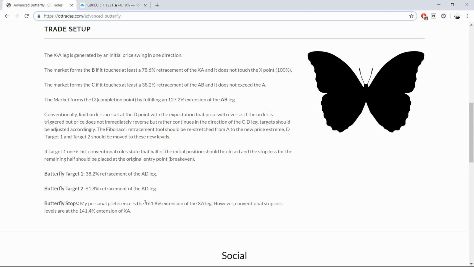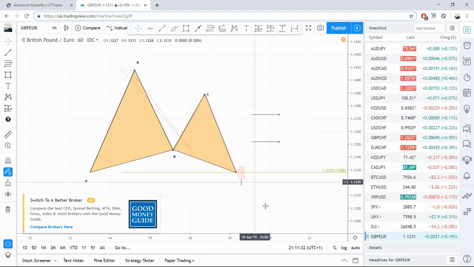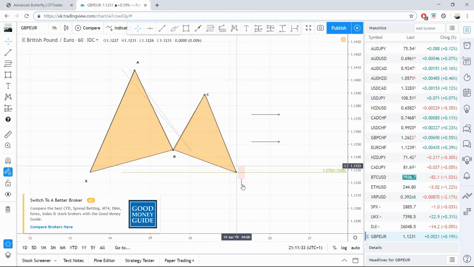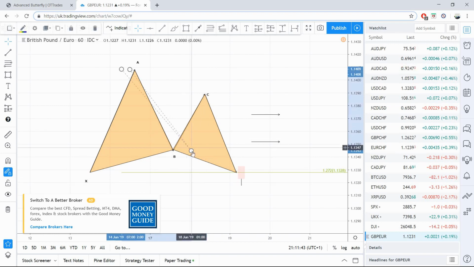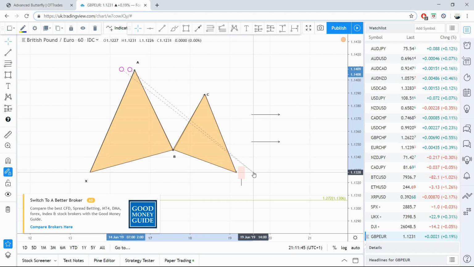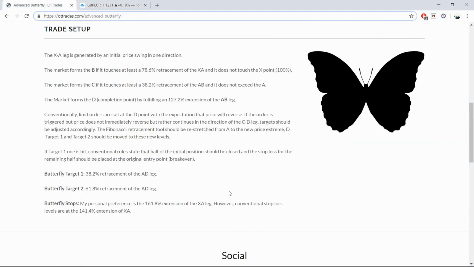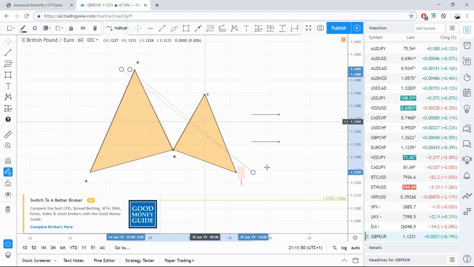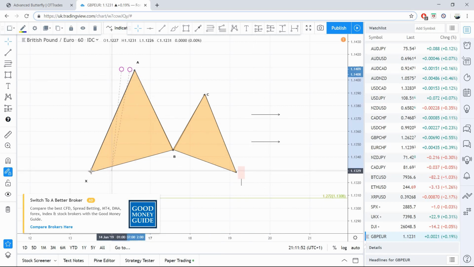This is mostly because it gives room for movement. In this instance, where price exceeds the D point, price tends to move lower, and the 1414 doesn't give you much room for movement. So if we do the A to D leg, 1618 X to A, sorry, X to A.